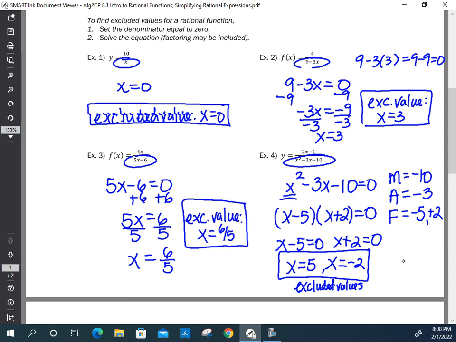The other thing that we will touch upon in this particular section is dealing with how to simplify a rational function, which we'll do now.